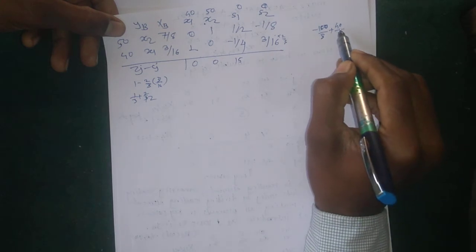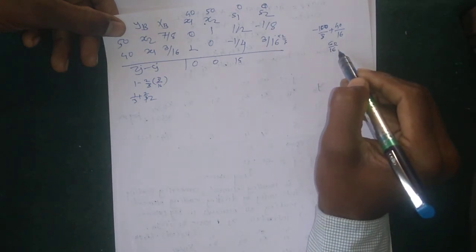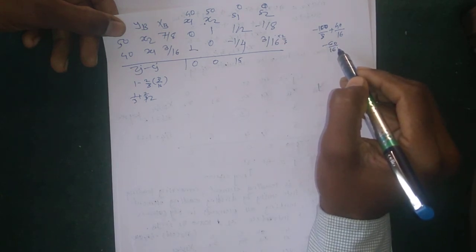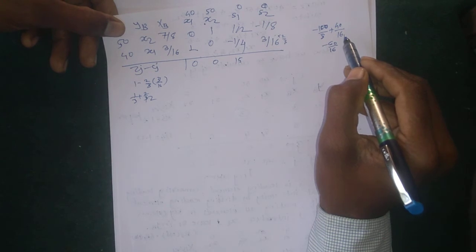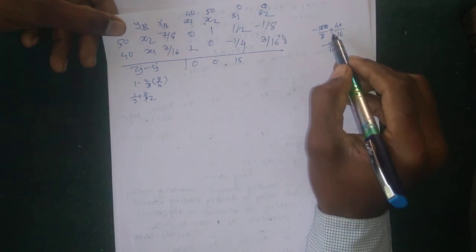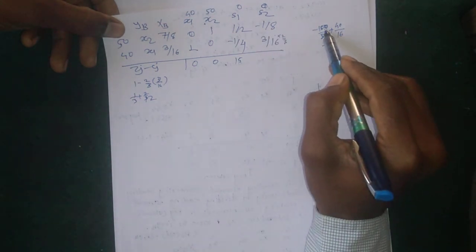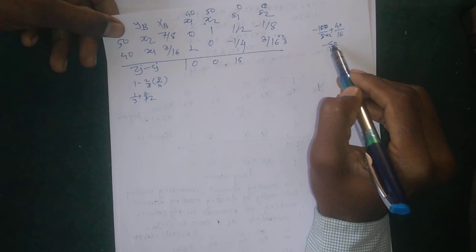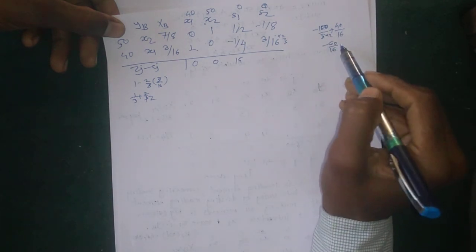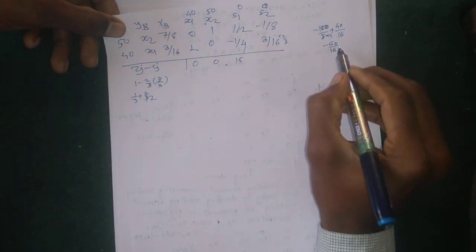Okay, 100 minus 60 by 16. Or here, how to multiply: finding minus 50 by 8, then multiplying this by 16, 100 minus 60. So what is their value?